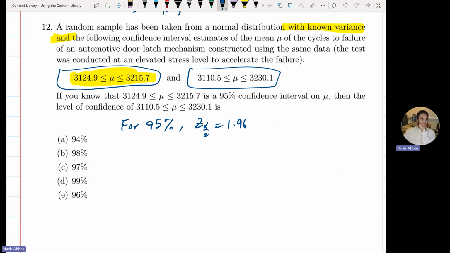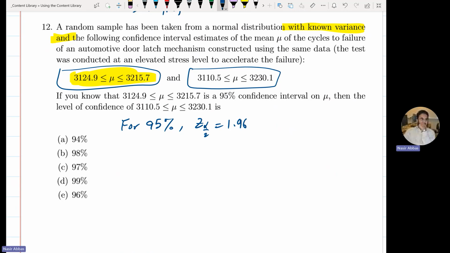How do we solve this kind of question? First, find the width of the first one. The width of the first one is what? For any confidence interval, you need X bar. Can we find X bar from any confidence interval? How do we get the confidence interval? How do we move from point estimate to an interval estimate?